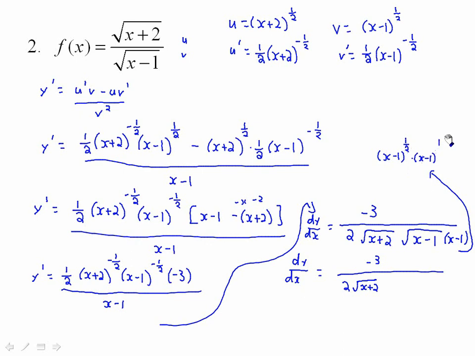So in fact, that should be combined. And if you add the exponents, this will give you x minus 1 to the 1/2 plus 1. So that's x minus 1 to the 3/2. And then I will write that in radical form just because I have everything else in radical form.